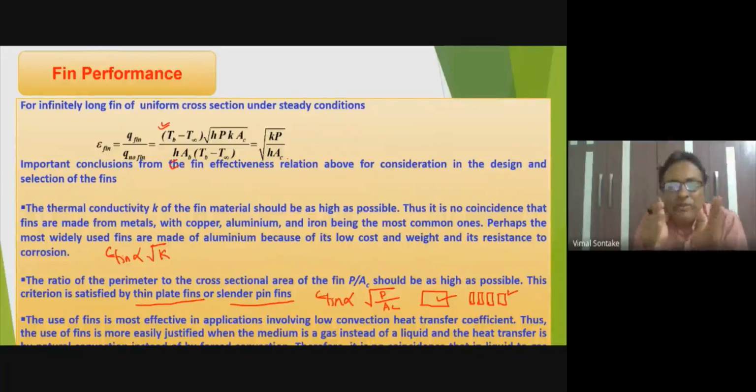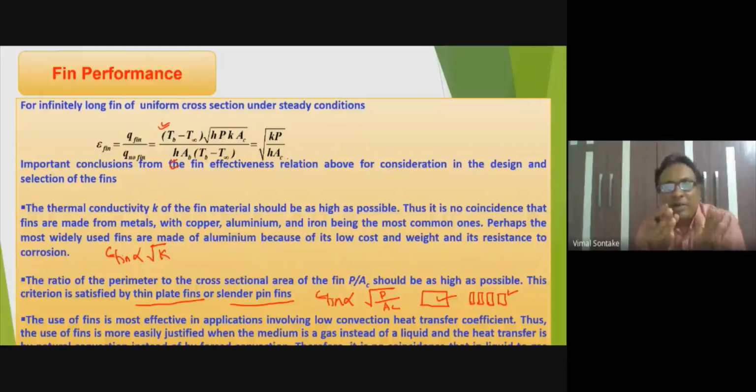So if fins are exposed to a fluid which has a higher value of convective heat transfer coefficient, in that case the fin will not be able to enhance the heat transfer rate. Fins are attached to enhance heat transfer rate only when they are exposed to a fluid of low value of convective heat transfer coefficient.